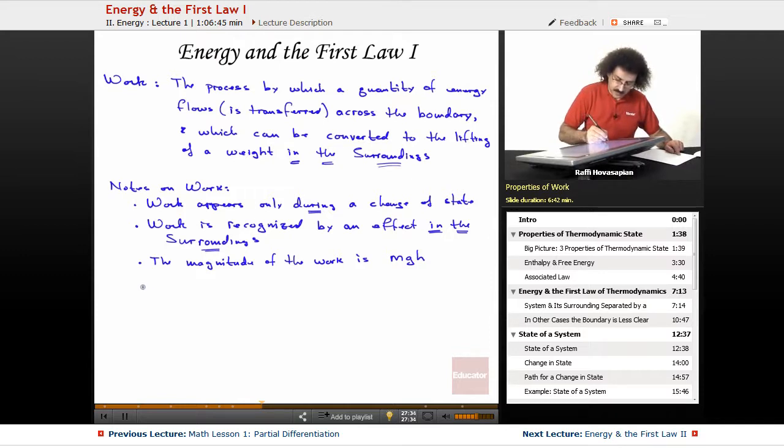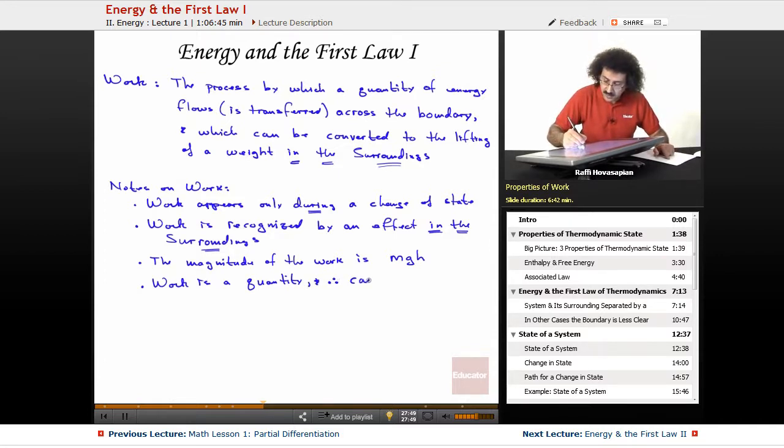Now, work is a quantity, and because it's a quantity, and therefore, these 3 dots mean therefore, it can be positive or it can be negative.